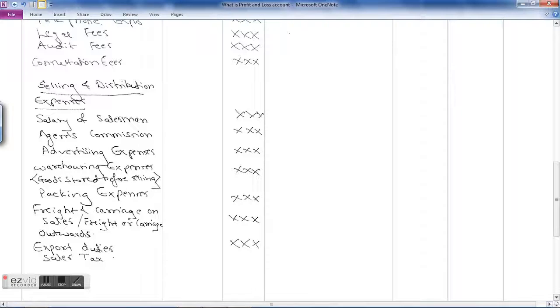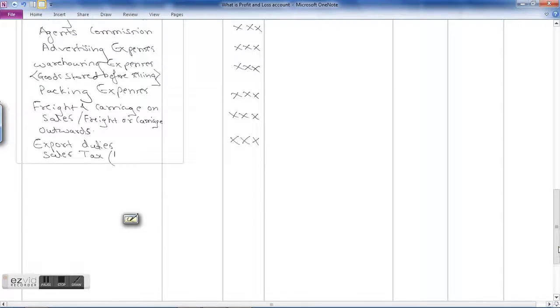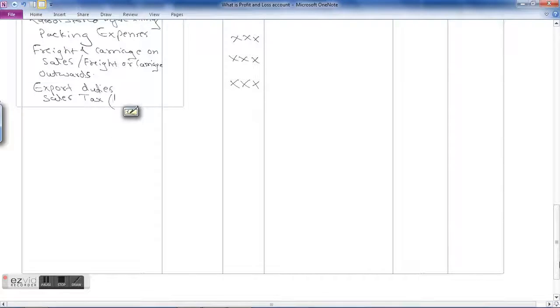Now this sales tax, usually what happens is whenever there is some sales tax, we recover it from the customer, that is, it is included in the selling price of the good. So here what we include is sales tax which cannot be recovered from the customer.